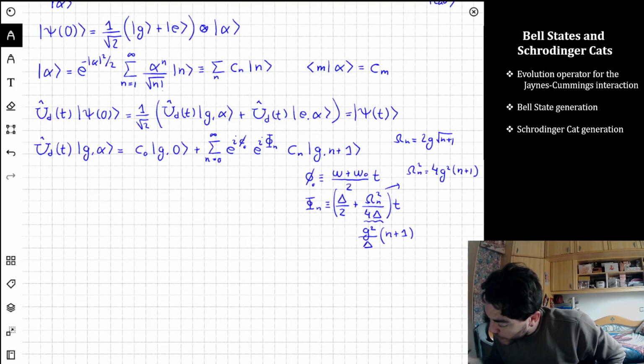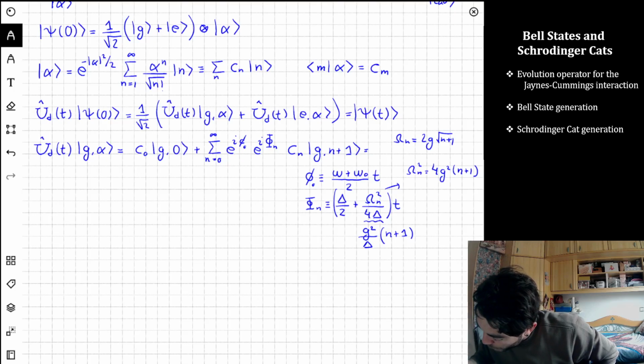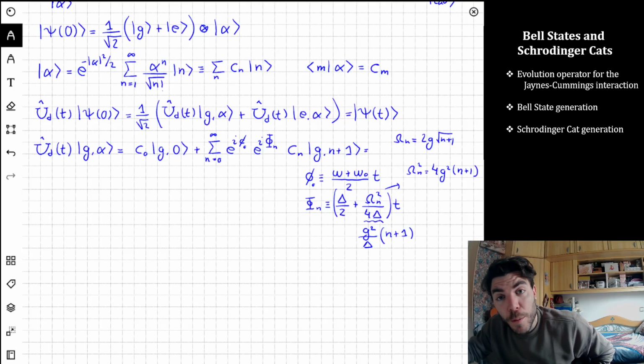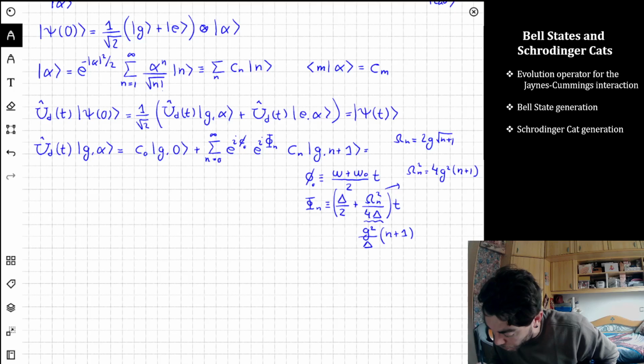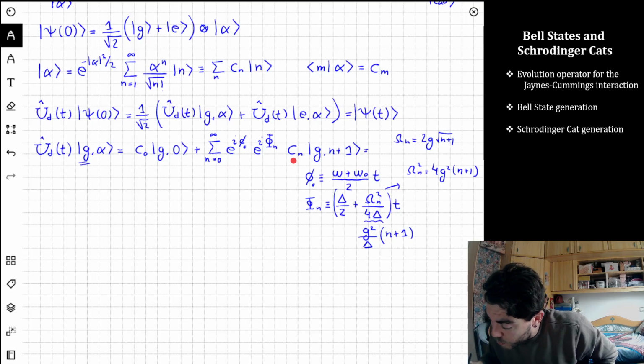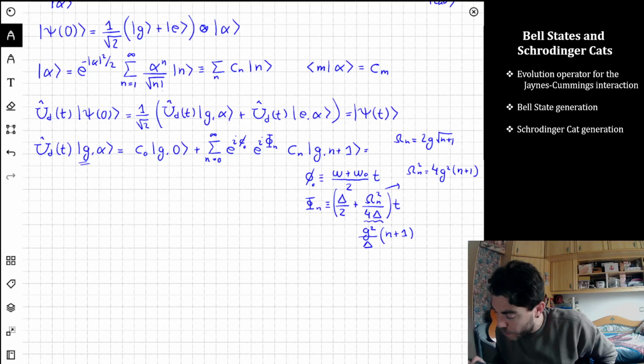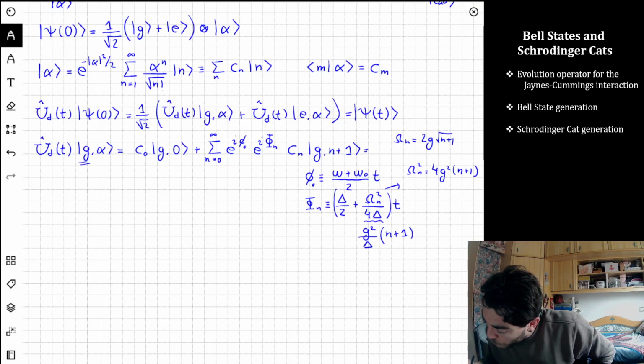Okay, but then it's easy to see that, well, let me tell you some other things. Why we are getting this is when we apply the unitary operator, all the terms that are with the excited states are zero, because we are going to project something that is the ground state on this excited state, so all these coefficients are zero, and the ones that are not zero just give you the coefficient of the n Fock state that is inside this coherent state. It's easy to see. But now this is linear again.